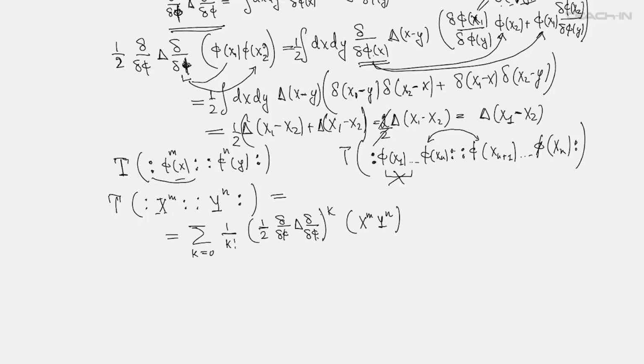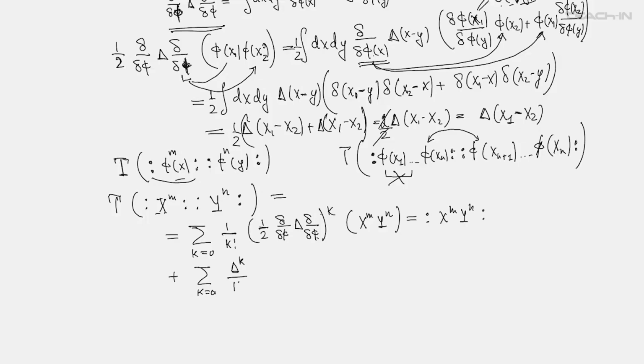And so the result of this will be, well, starting from the k=0 term, which is identity, so I don't do anything. So this will be just X^m Y^n, nothing. And the other terms will be as follows. So the sum from k up to n, delta to the power k divided by k factorial.